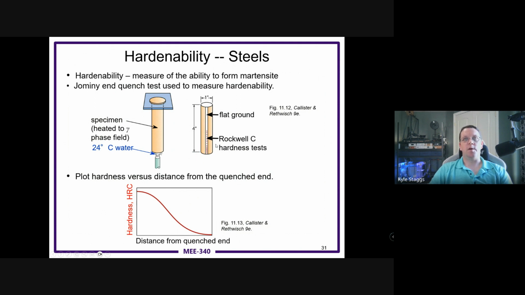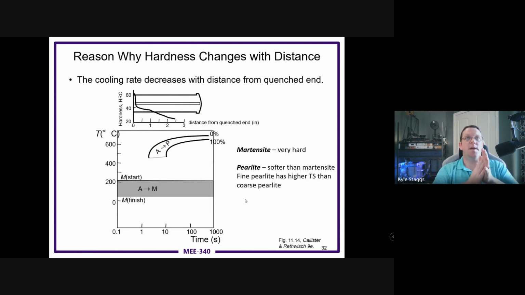So we're going to do Rockwell hardness testing on a flat ground spot on the material after it is quenched. That's where Tyler and the lab staff and John are going to be helping you make sure these materials are ready to go. But this is a really, really good end quench, so it's something that we can get into.